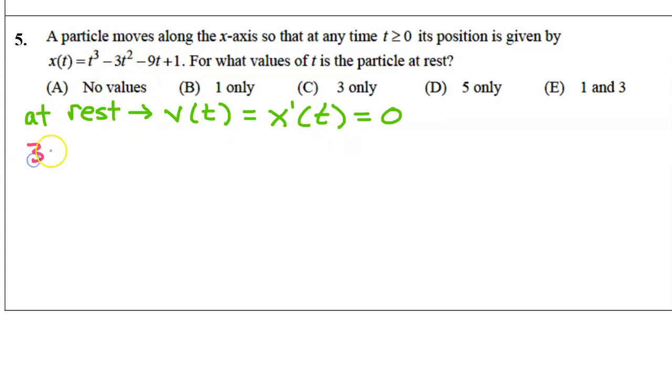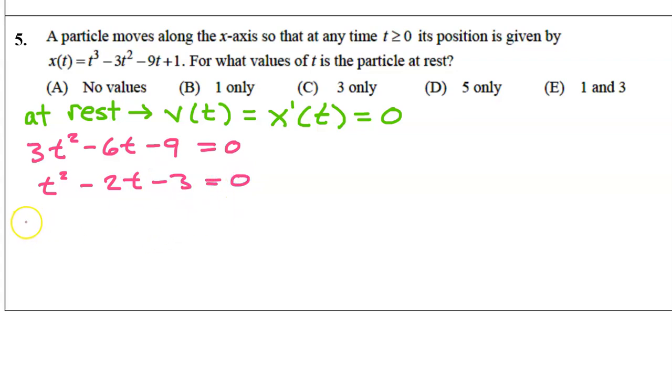That will be 3t squared minus 6t minus 9. And that's going to equal 0. Dividing both sides of the equation by 3, I have t squared minus 2t minus 3 is equal to 0. Now this is probably factorable.